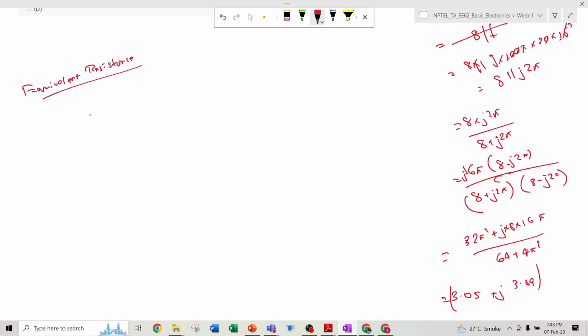So suppose this is a circuit: 1 ohm, 1 ohm, 1 ohm, 1 ohm, like that. You have infinite times. So what is the equivalent resistance looking through A and B?